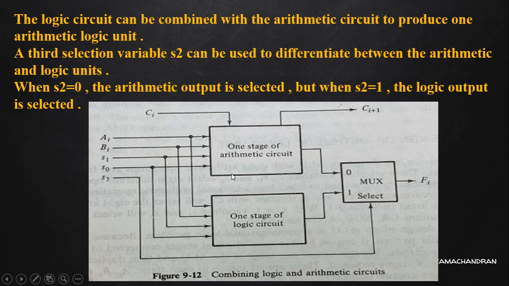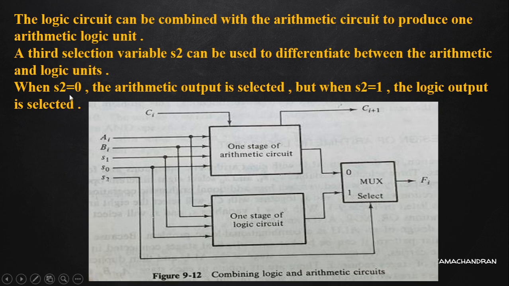We have already discussed that in our previous videos. Now again, it uses a separate single selection line, S2. Using S2, we can distinguish between the arithmetic circuit and the logic circuit. That means the multiplexer can select the arithmetic operation or the logic operation based on the value of S2.